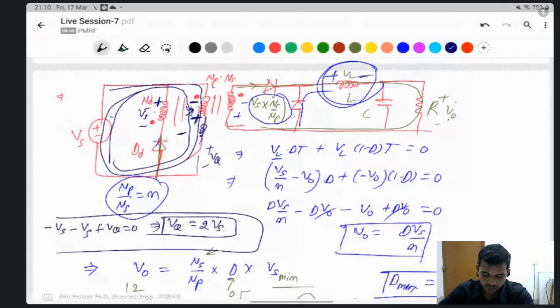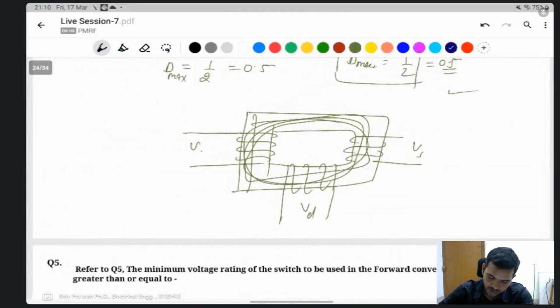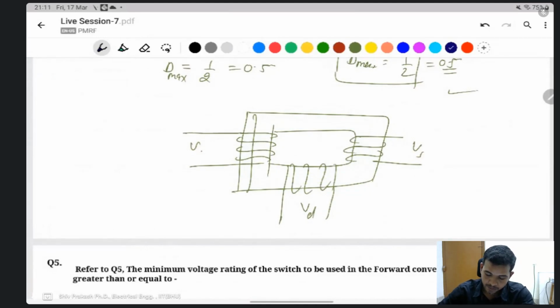The primary turns are wound with bifilar winding, then isolation, and then the secondary is wound. Both are wound in one leg. So there is a leakage inductance between secondary and primary. But between primary and reset winding, there will be no leakage as such because it is wound like that only.